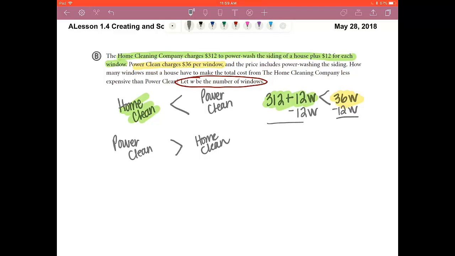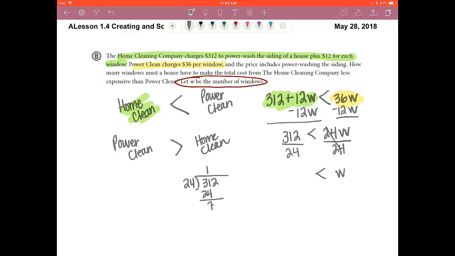I'm going to subtract 12W from both sides, and I get 312 is less than 24W. I divide both sides by 24. 24 goes into 312 it looks like 13 times.